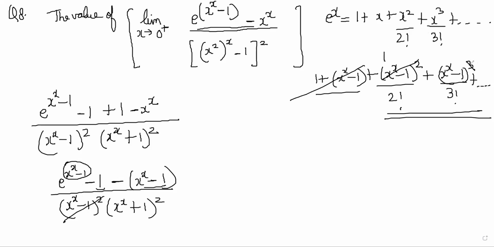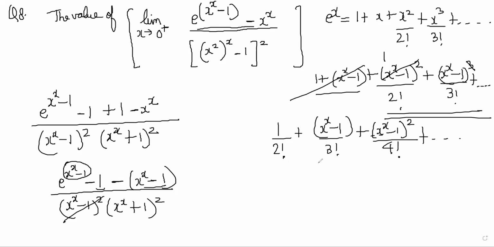You're ending up with 1 by 2 factorial plus x power x minus 1 by 3 factorial plus so on, x power x minus 1 whole square by 4 factorial and so on, divided by x power x plus 1 whole square, right? Limit of x tends to 0, right?